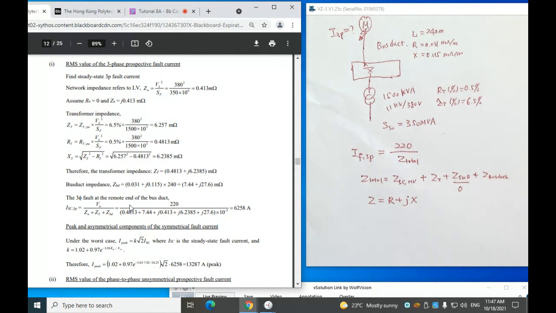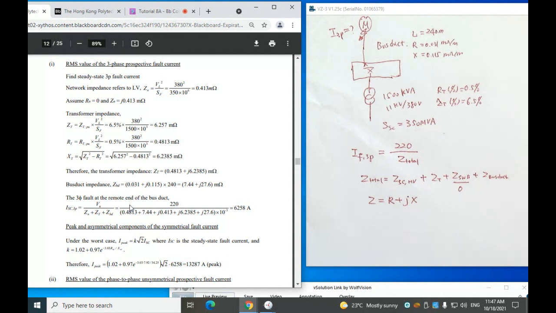The final one is the busbar impedance. The bus impedance given here is called the phase impedance, which is different from the impedance for the cable.